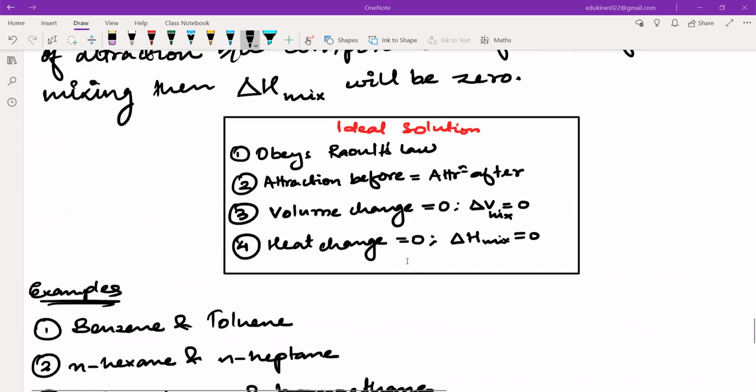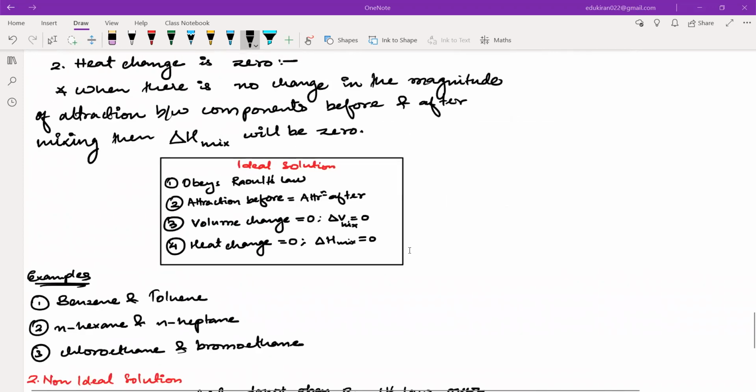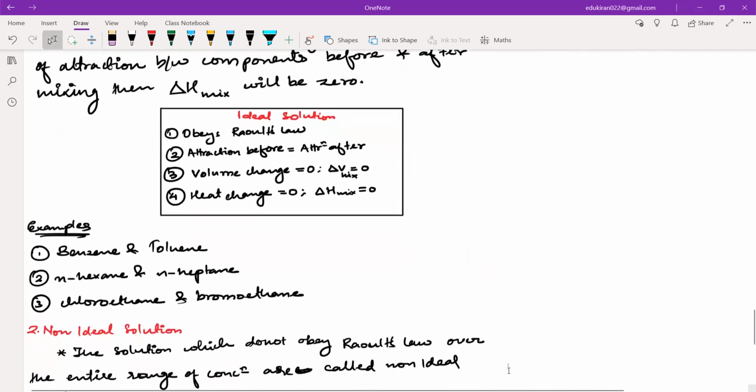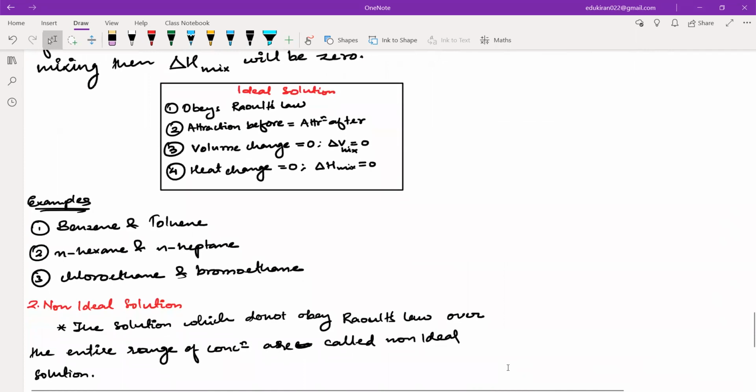Please write it fast. बाकी लोग भी लिख लीजिए नॉन आइडियल सॉल्यूशन तक. Then again, similar same type of characteristics will be there. है ना? We will also write different things. As you have written for ideal solution, you will write for non-ideal solution.